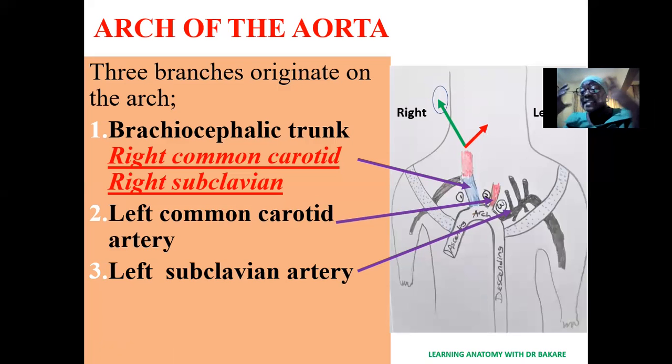Even though along its course, it gives off branches to supply structures around where it passes through, finally its destination is in the cranium to supply the brain tissue. While the external carotid runs outwards, where it supplies regions of the head, the face, and the neck region.